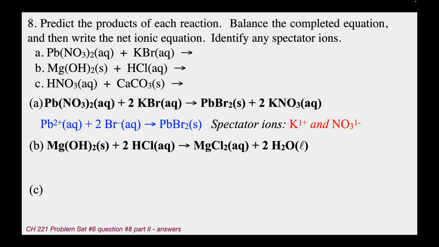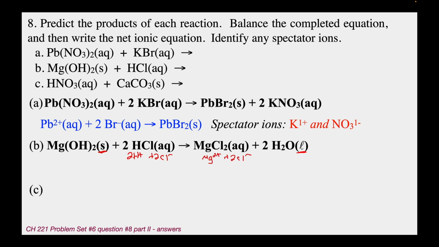Now, to get to the net ionic equation, remember once again, don't break up solids or liquids. And we have both Mg(OH)2 and water here. Don't break them up. But we will break up the 2 HCl's into 2 H+ and 2 Cl-. We will break up the MgCl2 into Mg2+ and 2 Cl-.